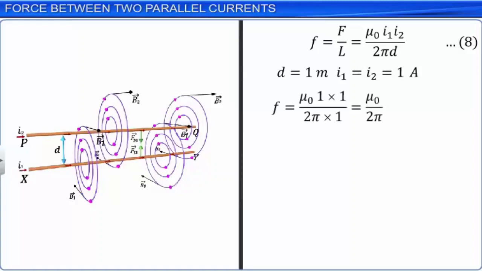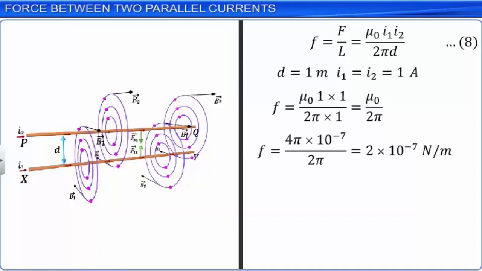On substituting the value of μ0, which is 4π × 10^-7, we get F = 2 × 10^-7 newton per meter. Thus, if two straight parallel conductors of infinite length, separated by a distance of 1 meter in vacuum, exert a force of 2 × 10^-7 newton per meter on each other, then the current passing through each conductor is said to be 1 ampere.